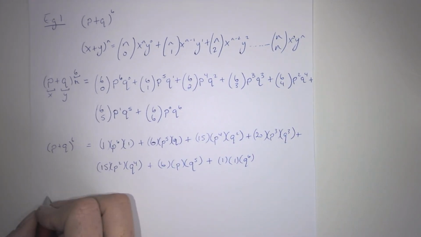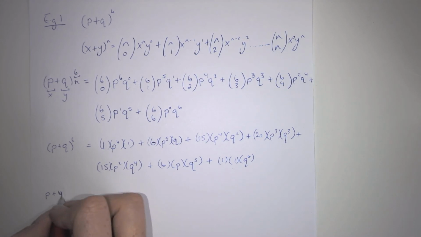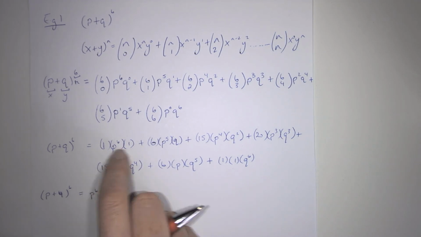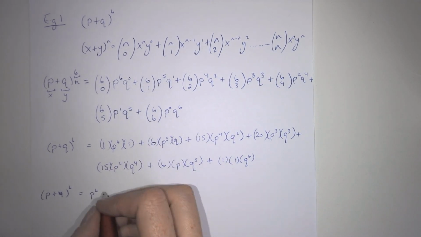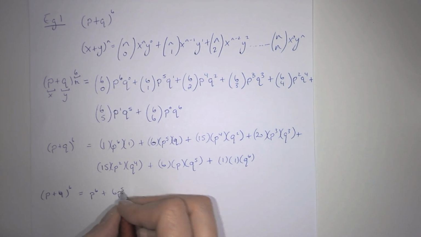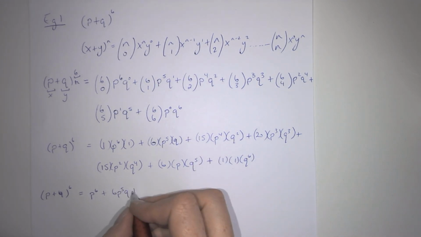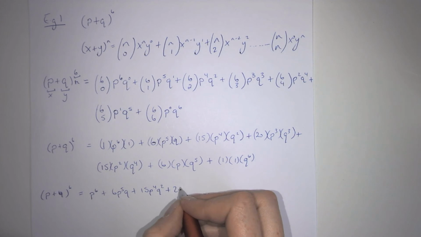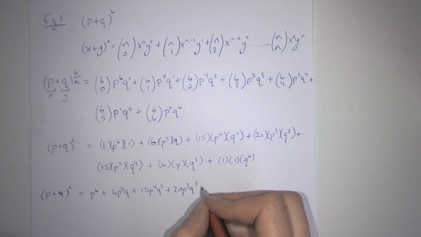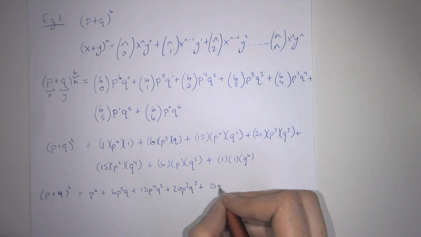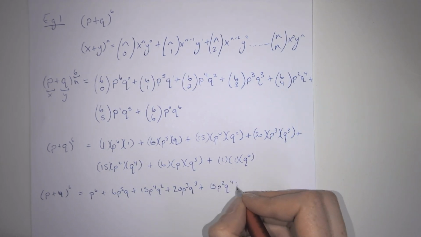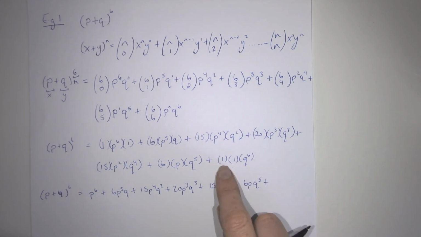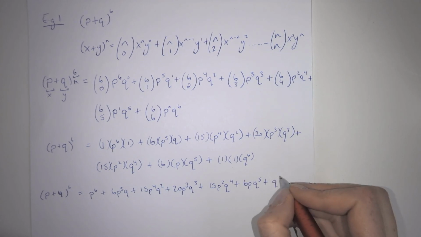Okay, so we can tidy that up just slightly. Let's try and get it all on one line. So p plus q all to the 6 equals p to the 6, plus 6p^5q, plus 15p^4q squared, plus 20p cubed q cubed, plus 15p squared q to the 4, plus 6pq to the 5, and last one, 1 by 1, q to the 6, so it's just q to the 6.